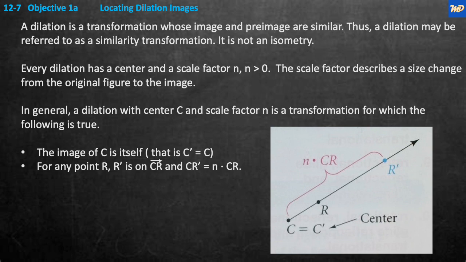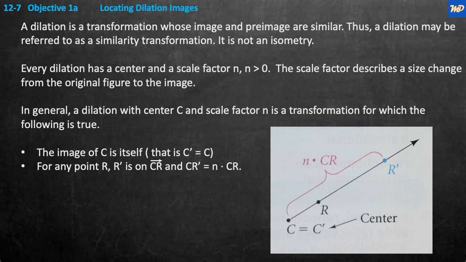In general, a dilation with a center C and a scale factor n is a transformation for which the following is true. First, the image of C is itself, that is, C prime equals C. We see that right here at the bottom of this picture.